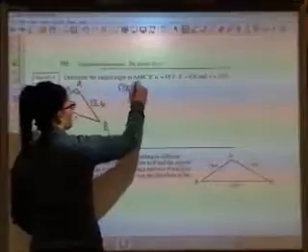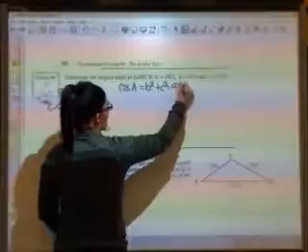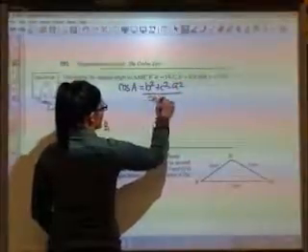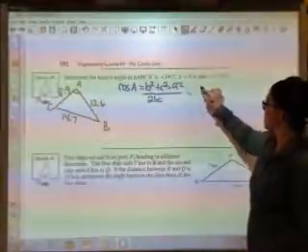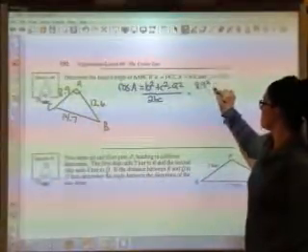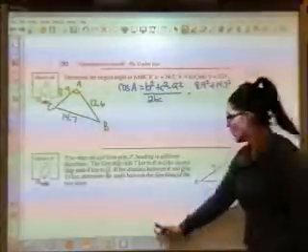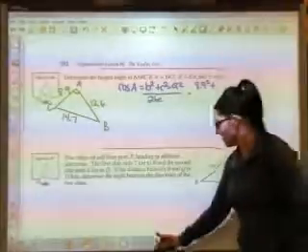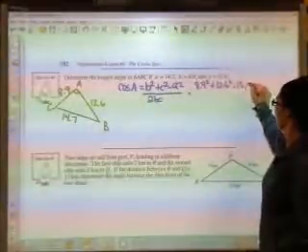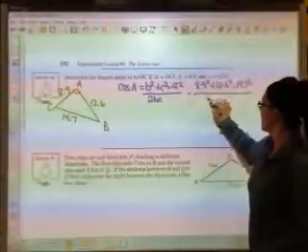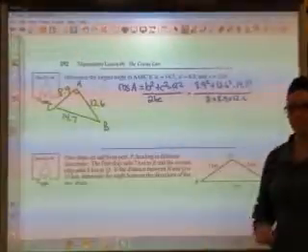So cos A will equal b squared plus c squared minus a squared divided by 2bc. So that will be 8.9 squared plus 12.6 squared minus 14.7 squared divided by 2 times 8.9 times 12.6.